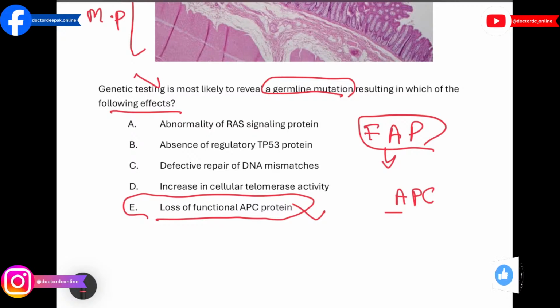These are some important points. If you know them, you can give the answer within seconds.